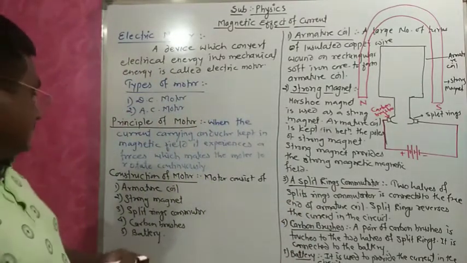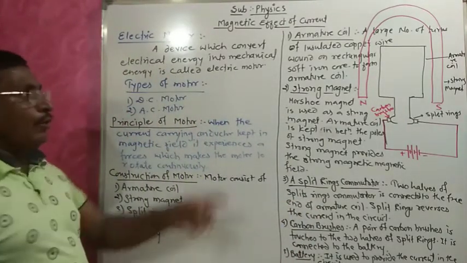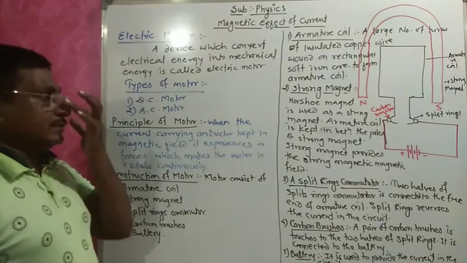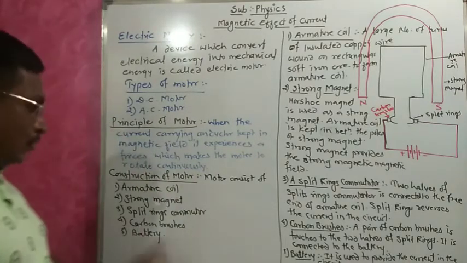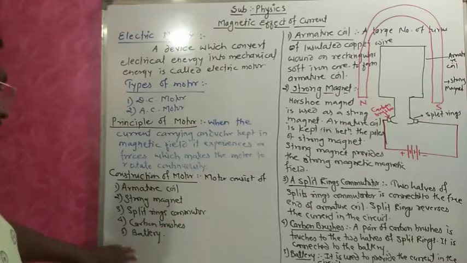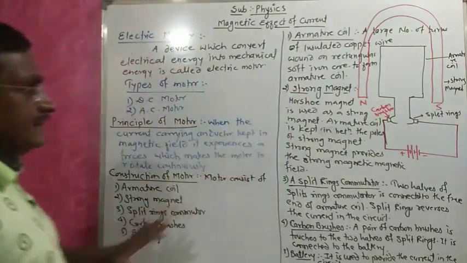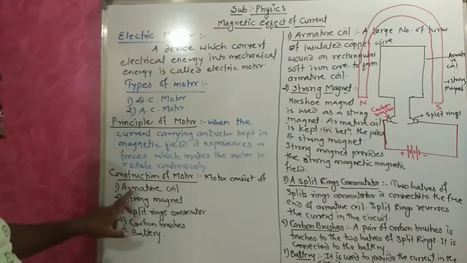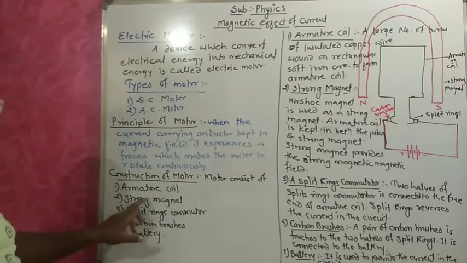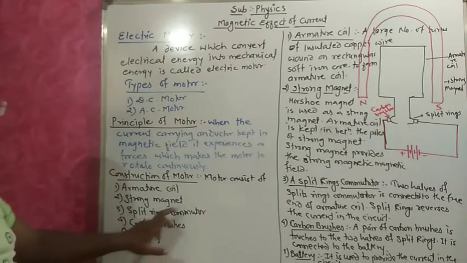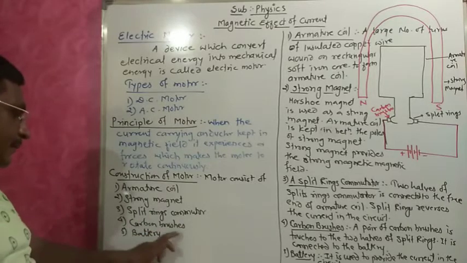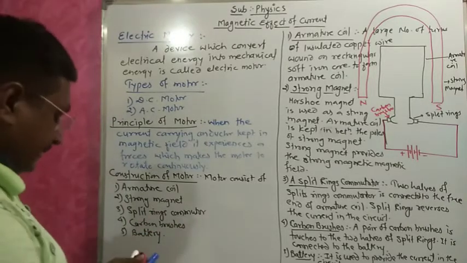So this is the construction of an electric motor. Hope you understand, students, what is the construction of a motor. What things are coming in the construction of a motor? Armature coil, strong magnet, split rings commutator, carbon brushes and battery.